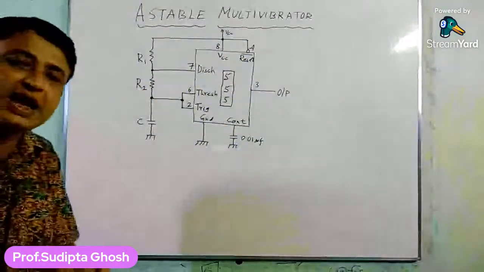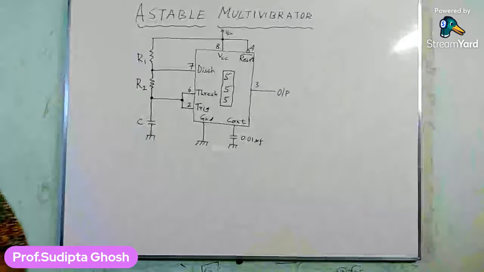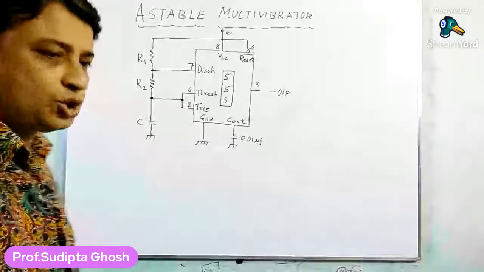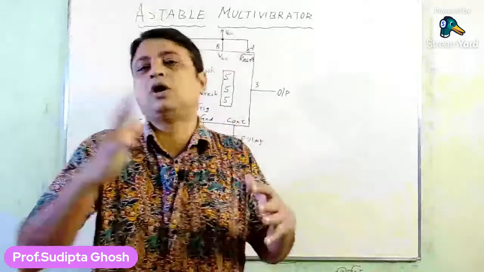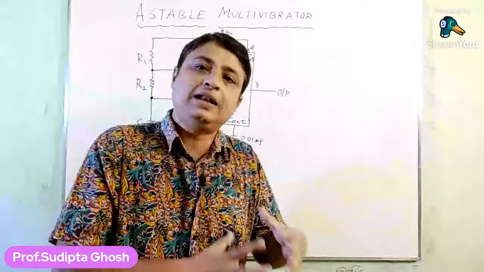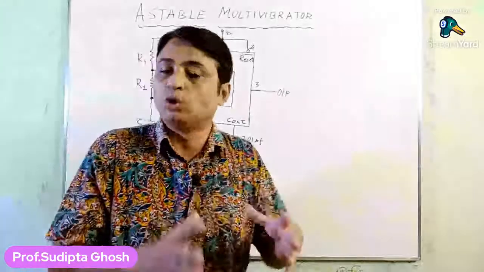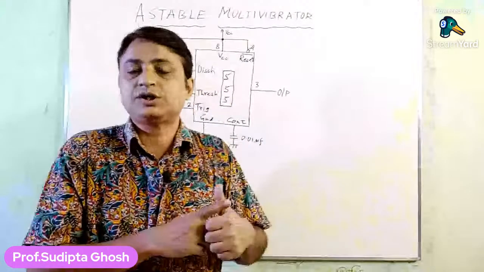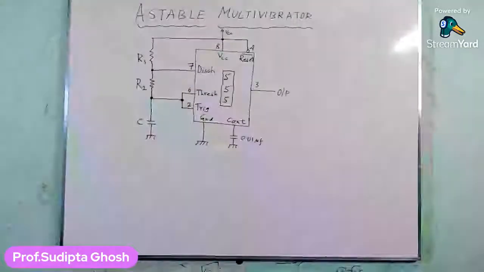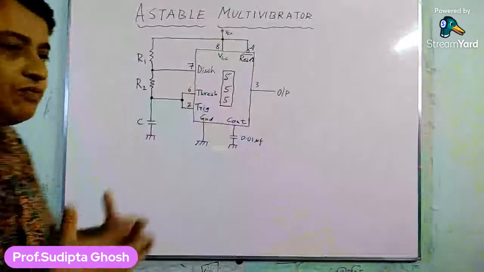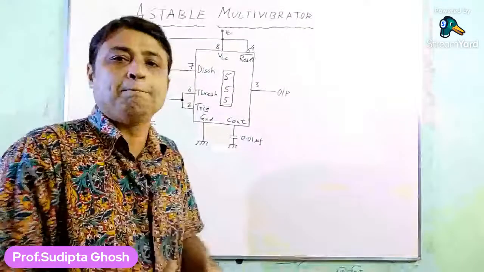As we have already discussed in our first class on the internal structure of the 555 timer, when the threshold input goes beyond 2/3 VCC, it will make the threshold comparator output go high.